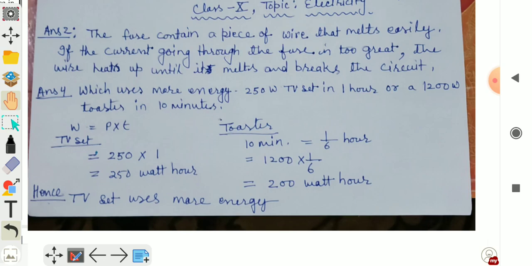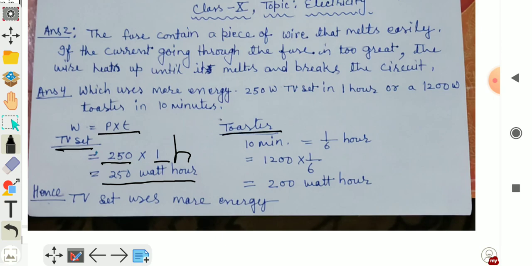We know W equal to P into T, W or E, energy. E equal to P into T. So when we multiply in first case 250 watt multiplied by 1 hour, we will get 250 watt hour in case of TV set.